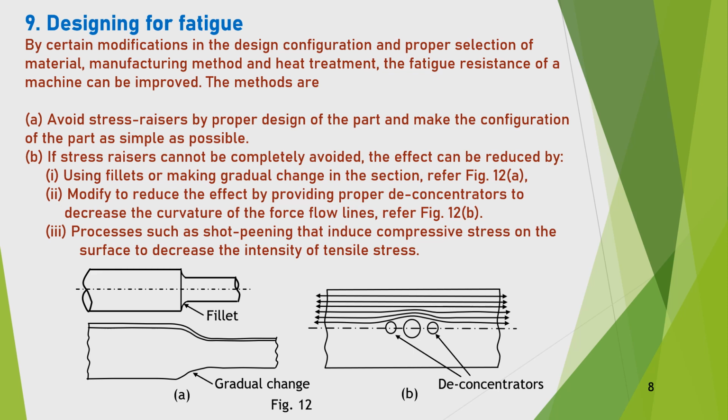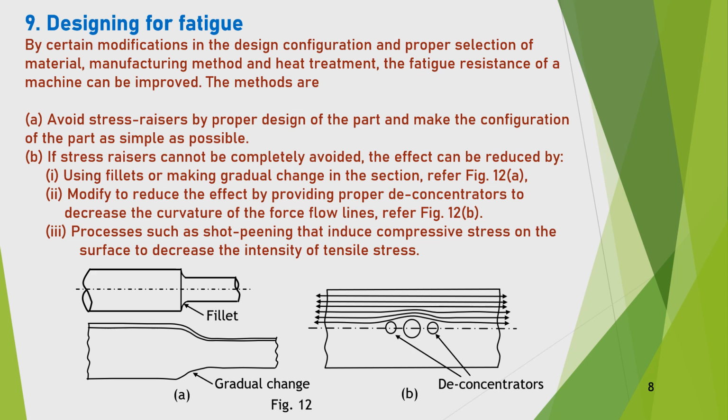Avoid stress raisers by proper design of the part and make the configuration of the part as simple as possible. If stress raisers cannot be completely avoided, the effect can be reduced by using fillets or making gradual change in the section. Refer figure 12a.